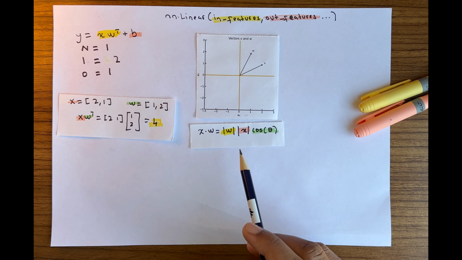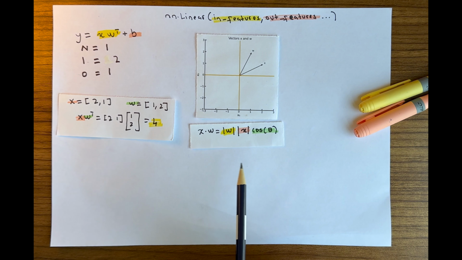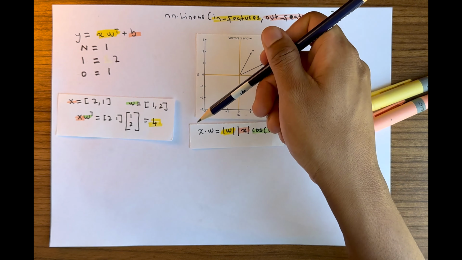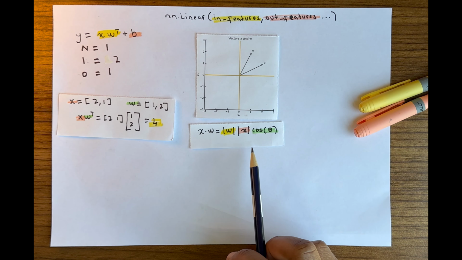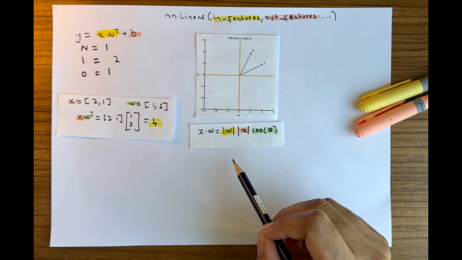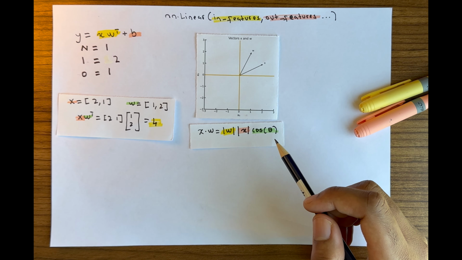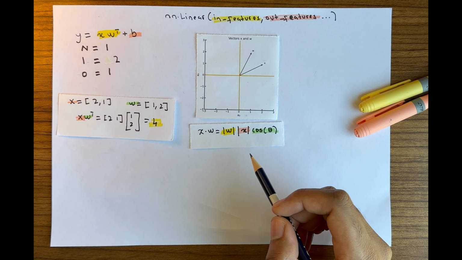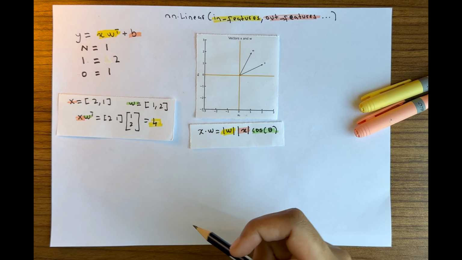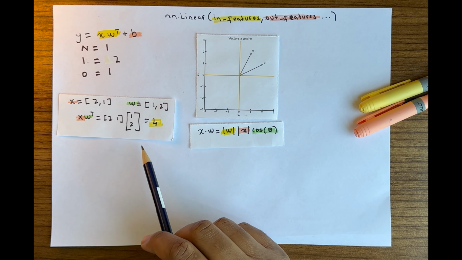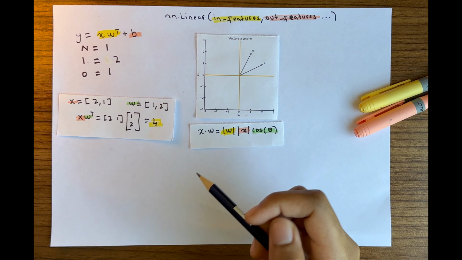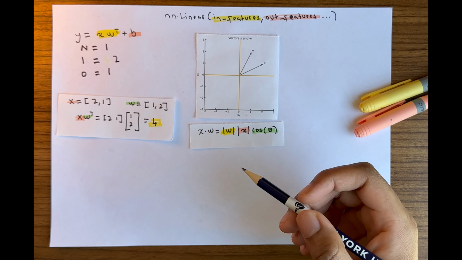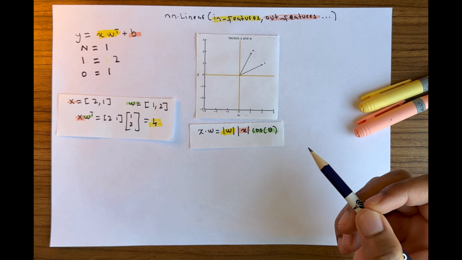If X points in the same direction as W, this is going to be large, and if X points in the opposite direction, let's say here, it's going to be a large negative value. You can apply this formula yourself and you will end up with the same result as the algebraic computation. I won't do this in this video. I will leave it as an exercise for you, but when you do, you'll end up with the same result.